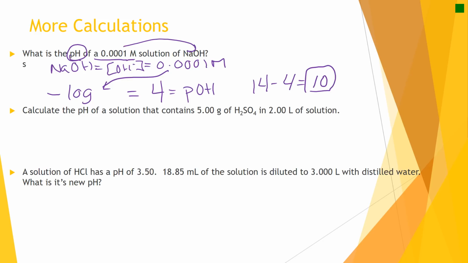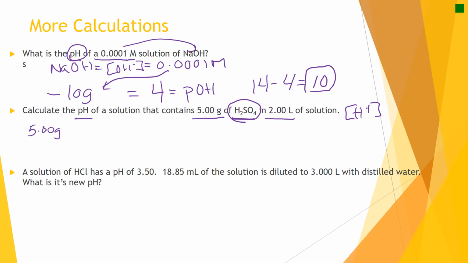Those 6 formulas. Calculate the pH of a solution that contains 5 grams of H2SO4 in 2 liters of solution. So in order to find my pH, I need to know my H+ concentration, which is its molarity. So the first thing I need to do is find the molarity of H2SO4. So this is 5.00 grams.